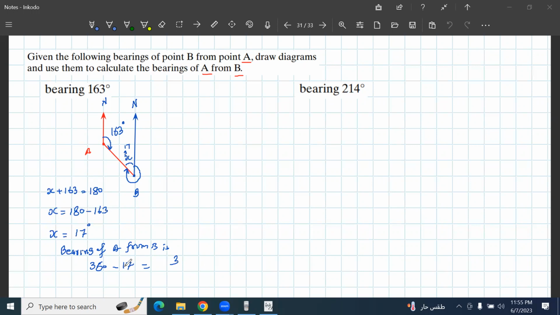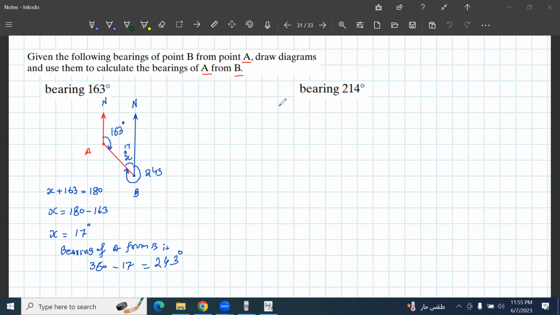So 5 minus 1, 4. So 343. So this is our answer. But remember that you can use the alternate concept also, that will help you. So remember, one is enough.